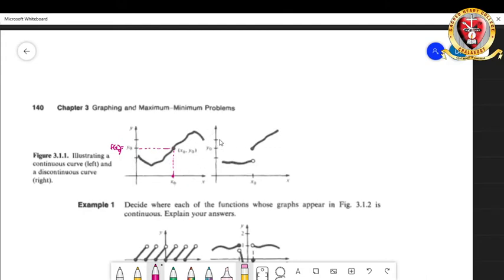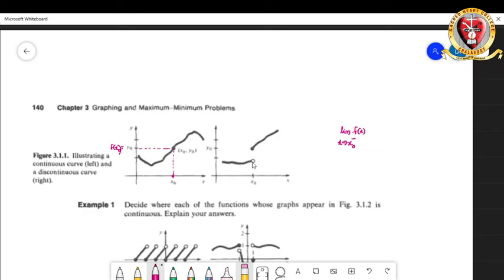When we are considering the second example, you can see that at x naught the function is jumping off to some other point. Here the limit as x tends to x naught minus of f of x exists.